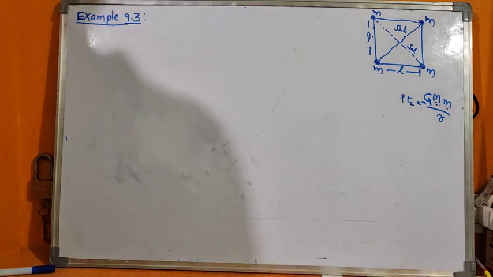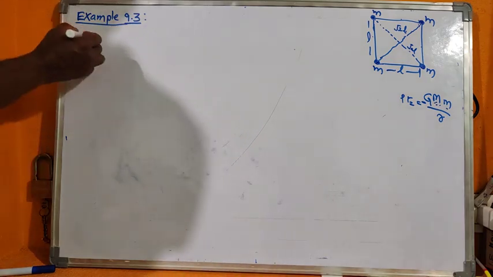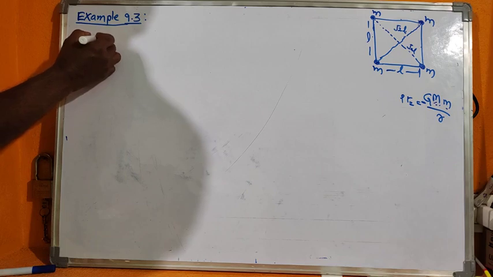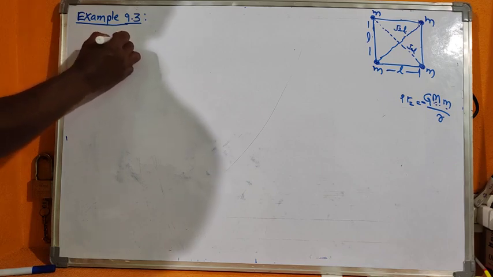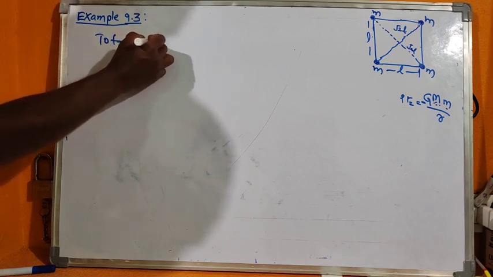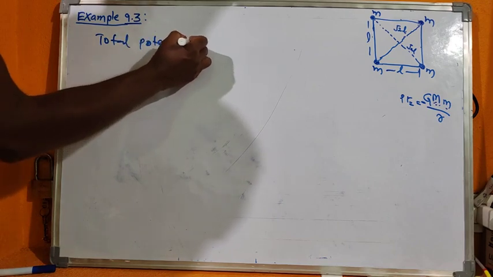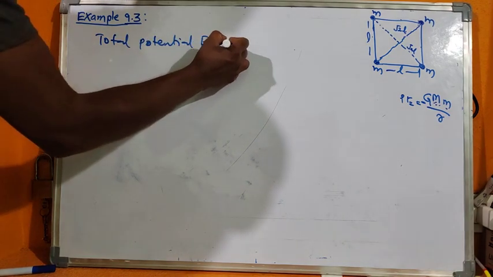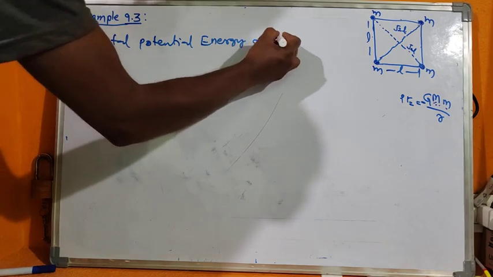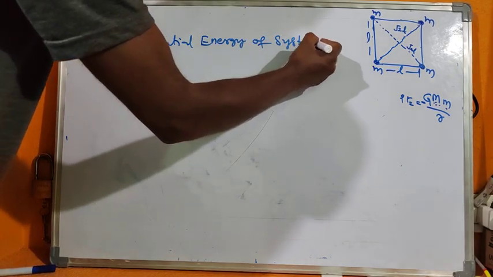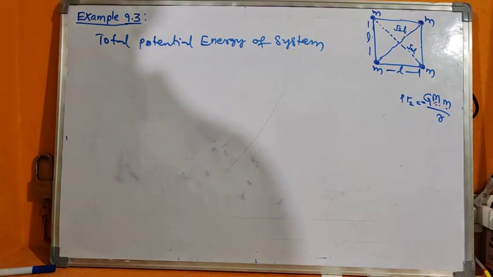So for the 4 potential energies, I'm writing here the total potential energy of the system. I'm writing all this at one place.